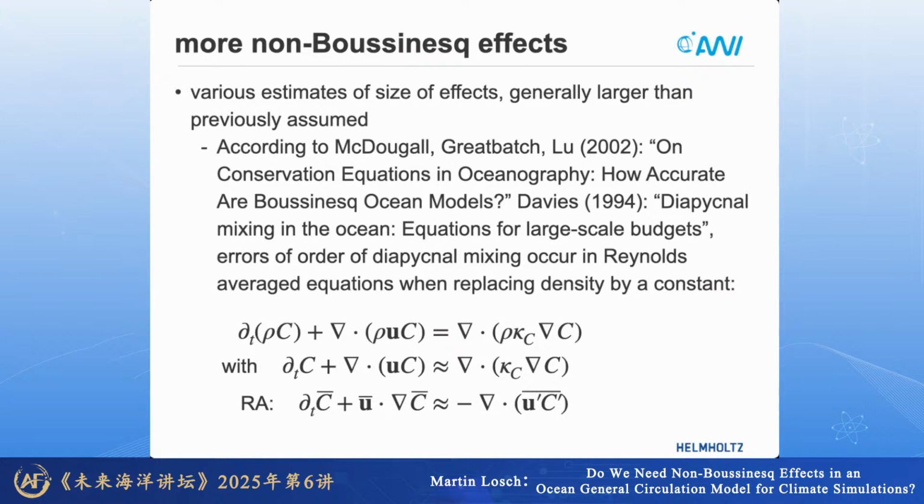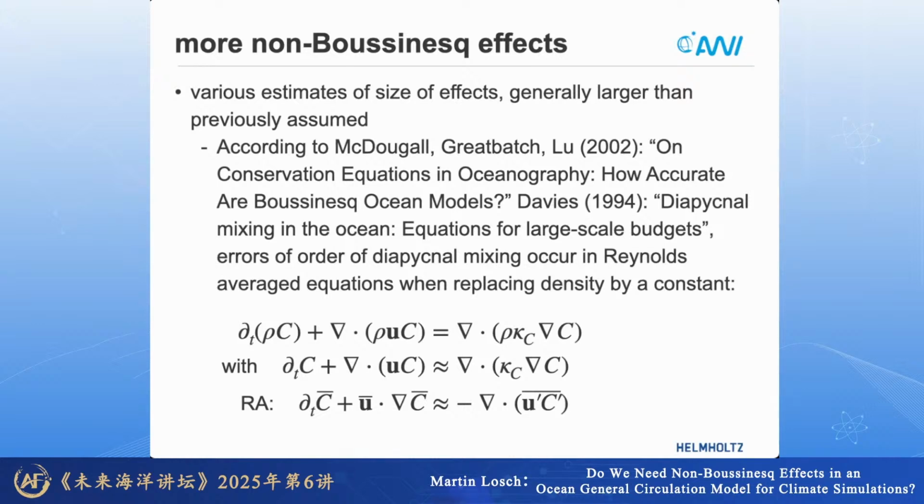I'm not going to go into the details of this, it will take too long. But this introduces errors in the tracer equations that are, according to McDougall et al., on the same order of magnitude as the vertical diffusivity terms.